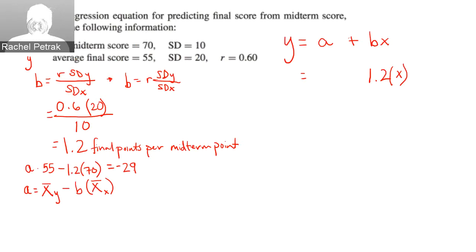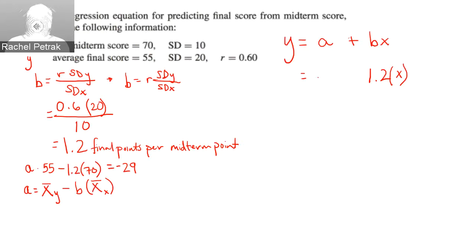Now, you might be thinking, well, that intercept doesn't make sense. How could there be a final score of negative 29? Well, there can't be, and logic tells us that this intercept is not important or isn't useful in the context of our data. Sometimes the y-intercept is meaningful in the data, and sometimes it's not.